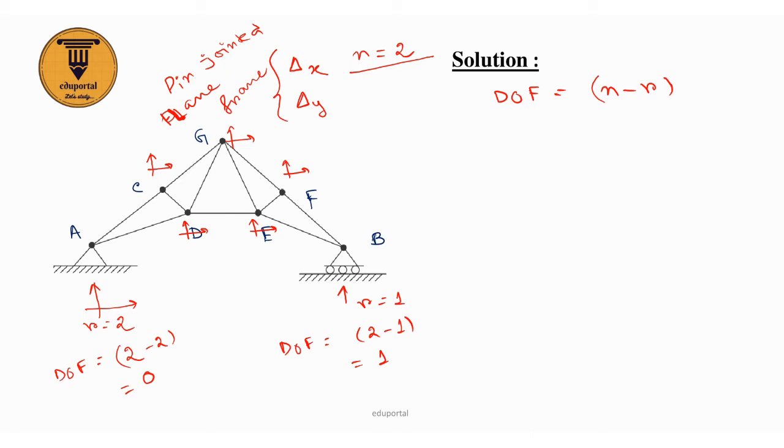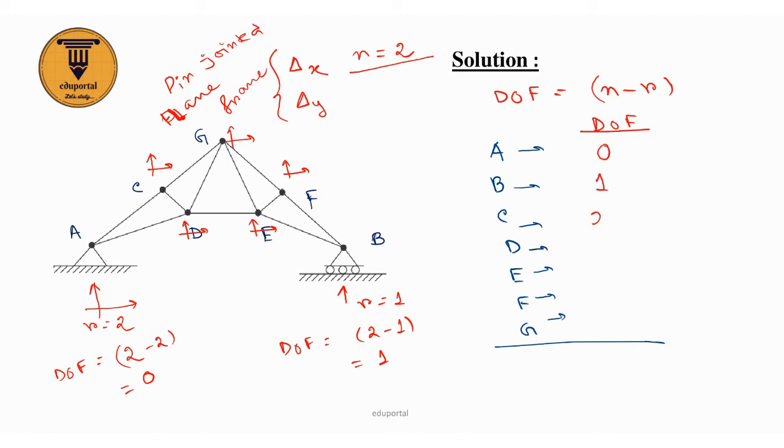Suppose we write the names of the joints A, B, C, D, E, F, G. So for A, degrees of freedom equal to 0, B, degrees of freedom 1, for others it is 2, 2, 2, 2, 2.